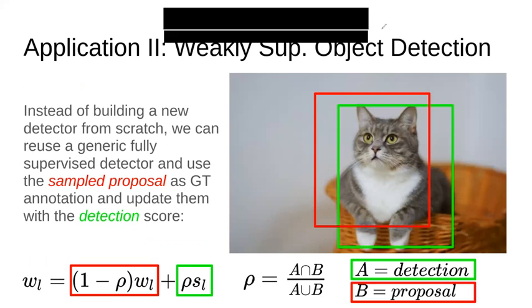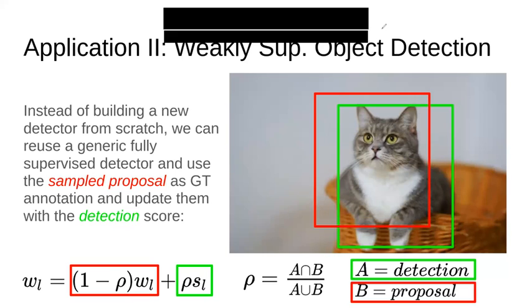The last part is that there is a mismatch between the proposals that are given by our segmentation algorithm and the detections, because we have an algorithm that can detect objects, and the detection may not match completely with the proposal.